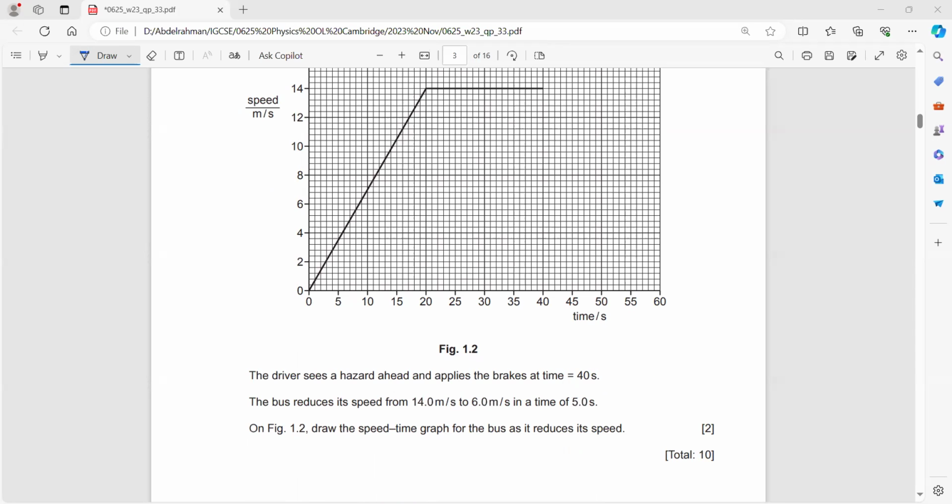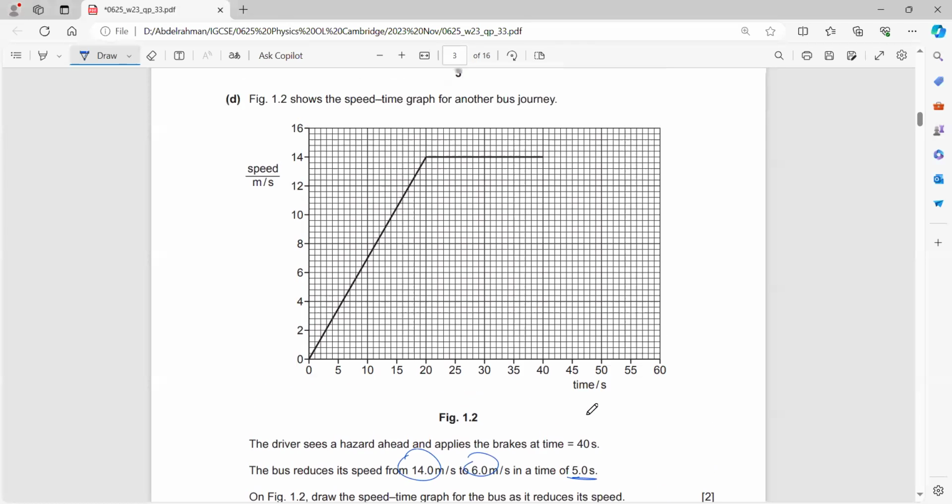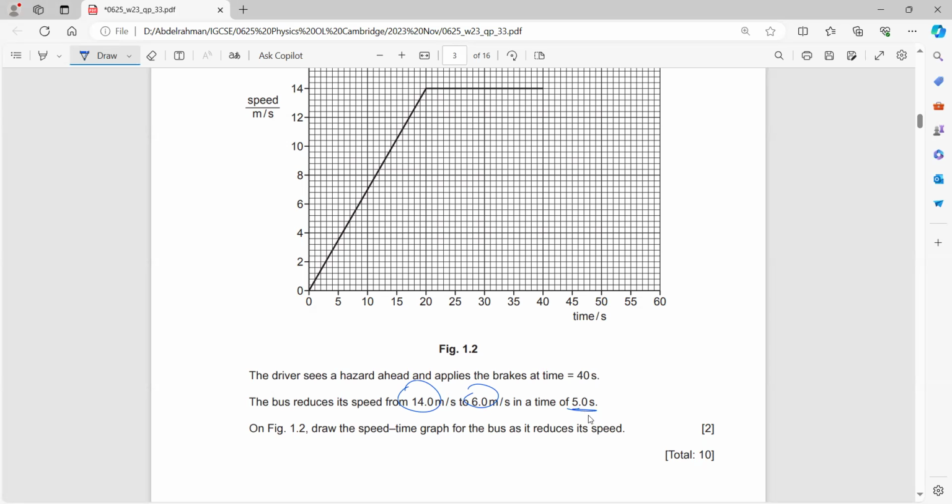We draw constant deceleration from 14 to 6 over 5 seconds. 5 seconds means until 45. So the bus reduces its speed from 14 to 6 in a time of 5 seconds. Initially I start at time 40 seconds, and I will end this deceleration after 5 seconds, at time 45 seconds.